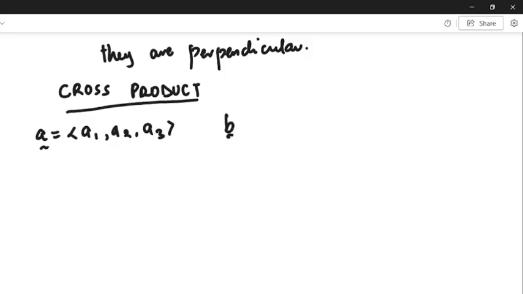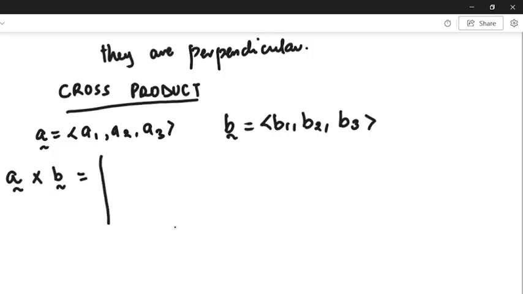So we are defining our vector B to be B1, B2, B3. So if we want to get our cross product, we're going to say A cross B is equal to, and you're going to write a matrix.